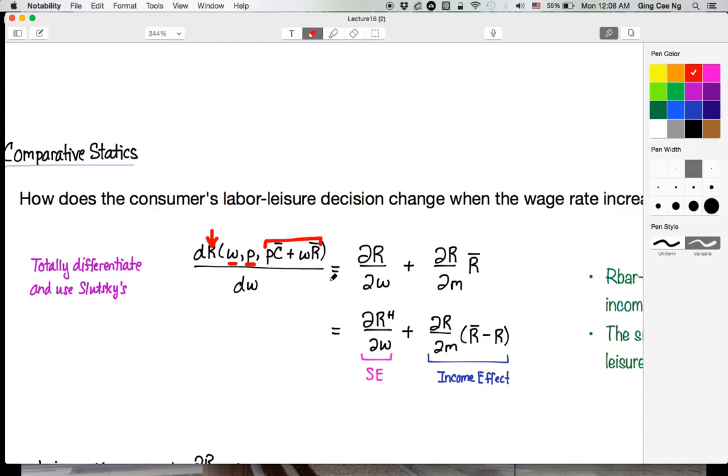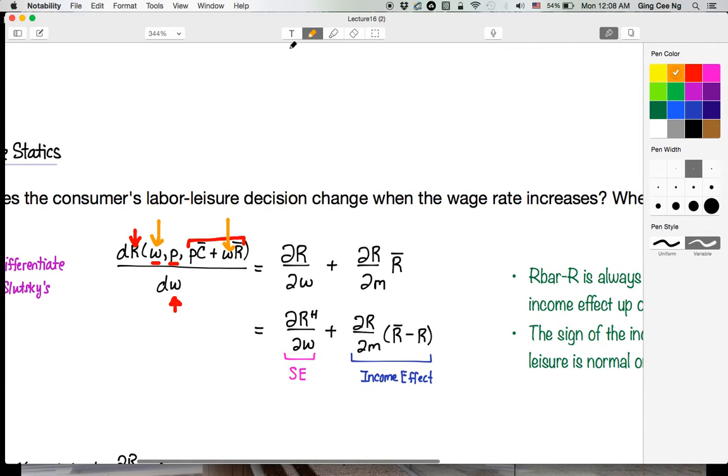So just like before in the endowment model, the buying and selling model, we can just totally differentiate this thing using the chain rule, because if we want to look at a situation where the wage rate were to increase, we need to take into consideration the direct effect it has on leisure as well as the indirect effect that's coming from the increase in income.